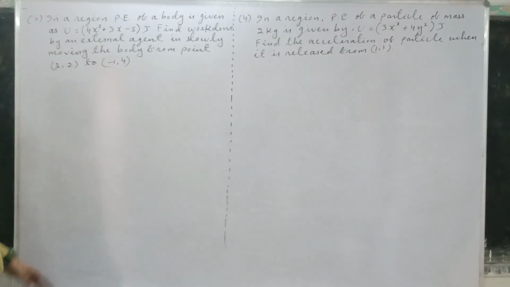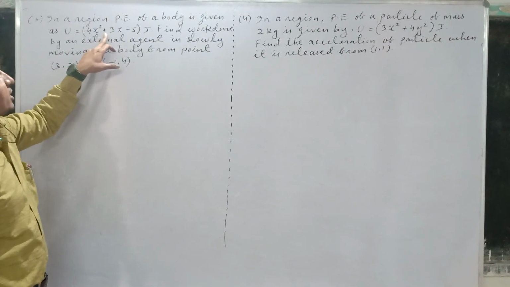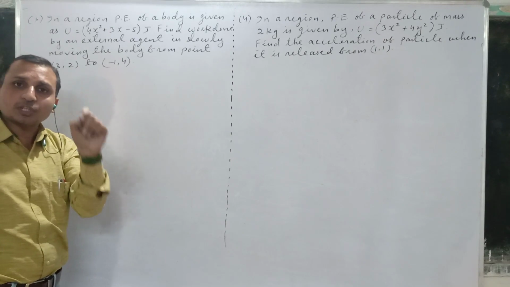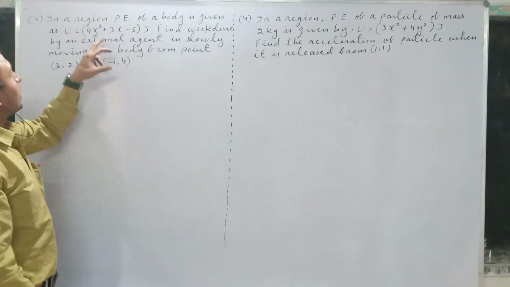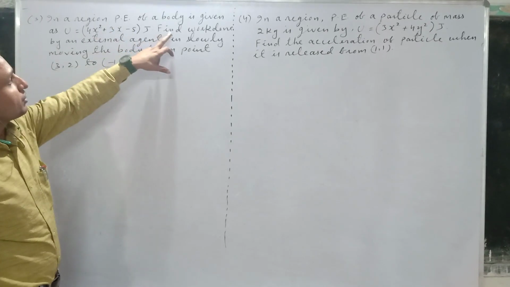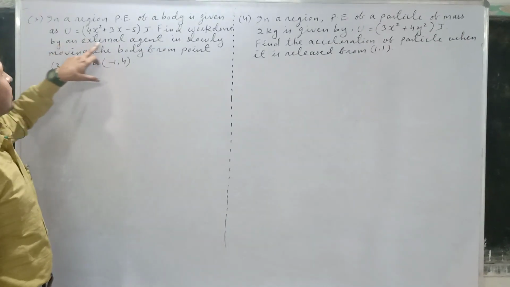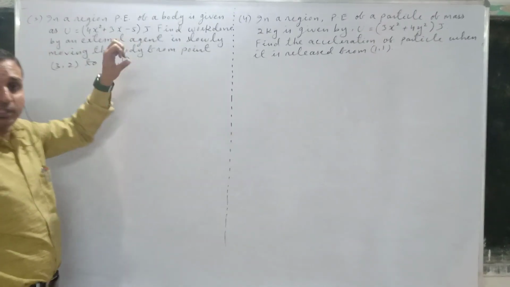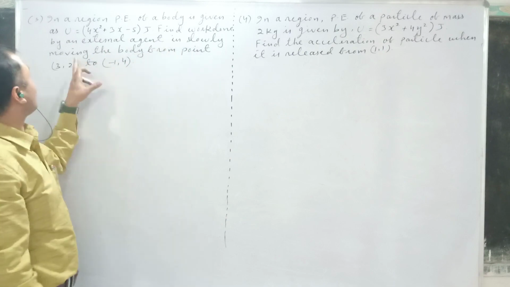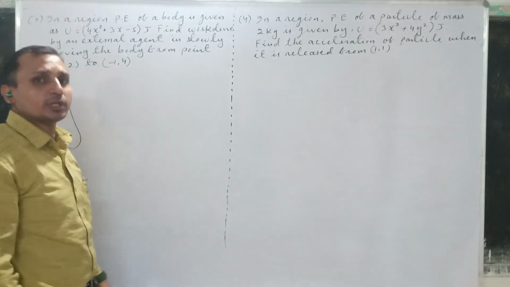It means here the potential energy is given in terms of x. It means here potential energy is depending upon the x coordinate of the particle only. So find the work done by an external agent in slowly moving the body from one point to another point.